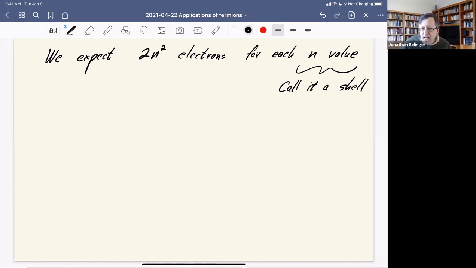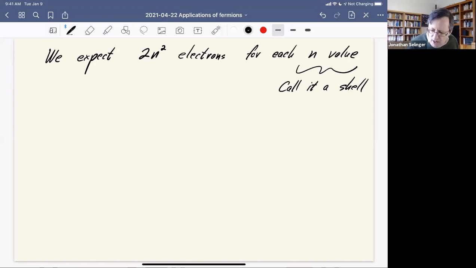Each n value is a shell which can hold 2n squared electrons. So the first 2 electrons go into n equals 1. Then the next 8 electrons go into n equals 2, and so on to higher values.